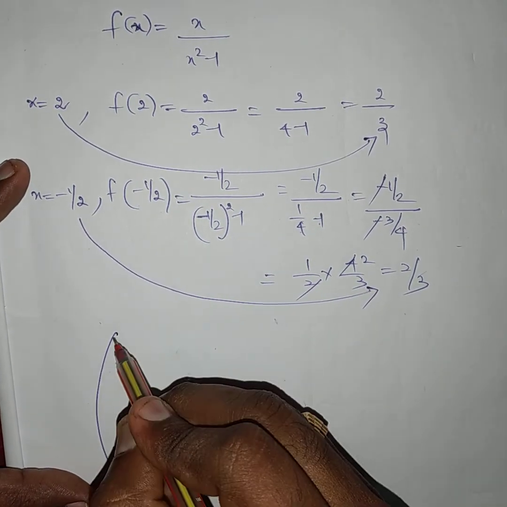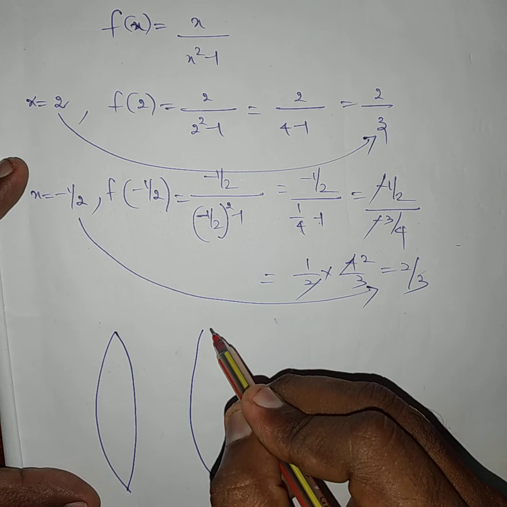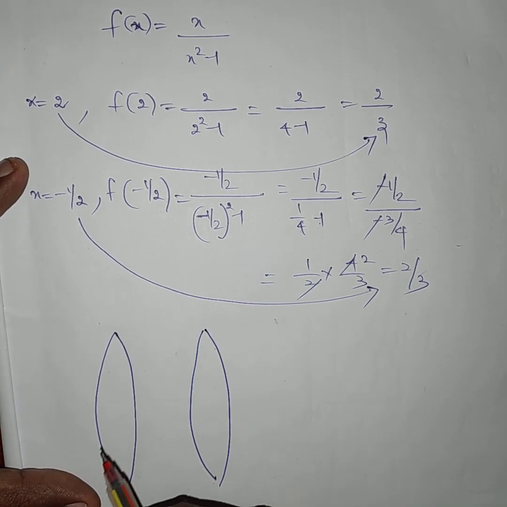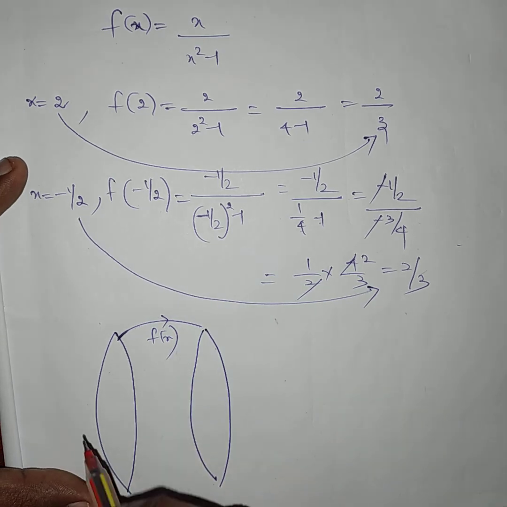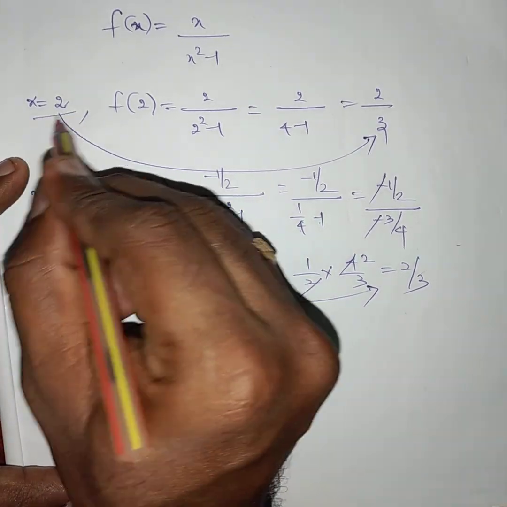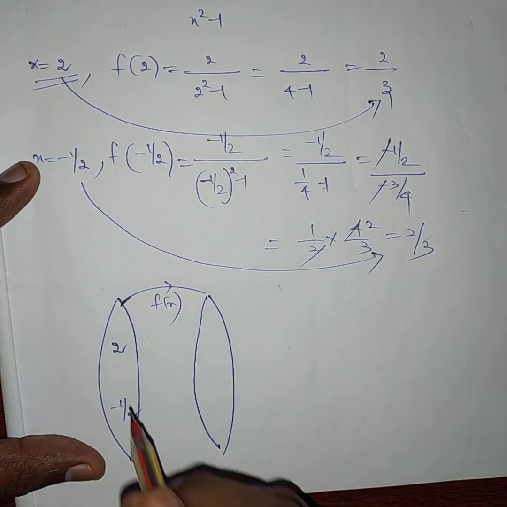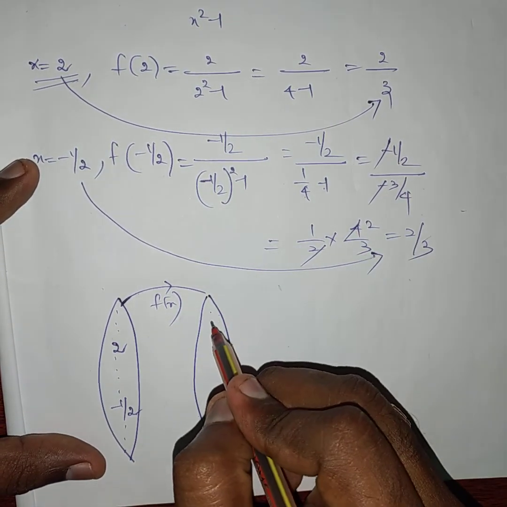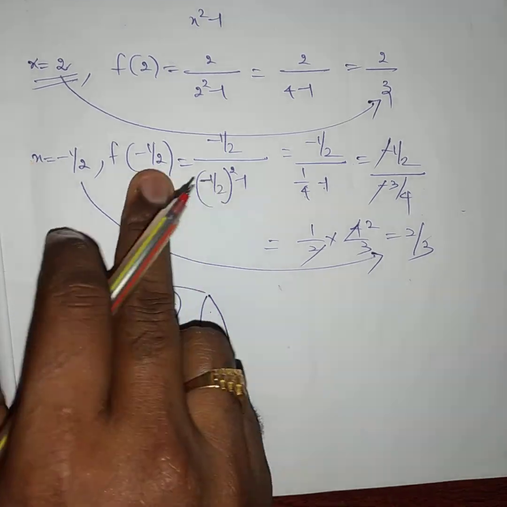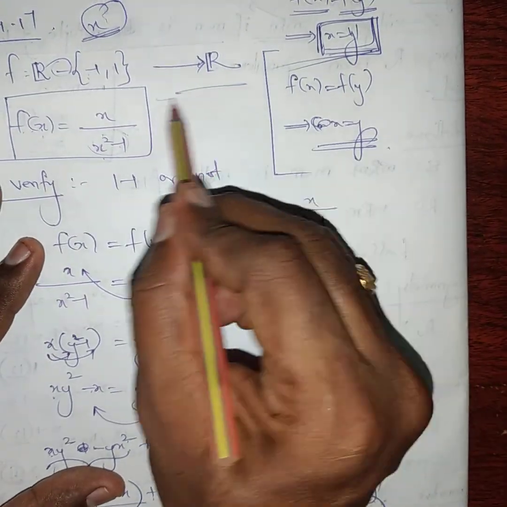Suppose I take an arrow diagram. In this arrow diagram, I can place this as f of x. There is one value 2 in the domain, and there is another value minus 1 by 2. There are many values present here. In the codomain also many values are present, because both are R, real numbers.